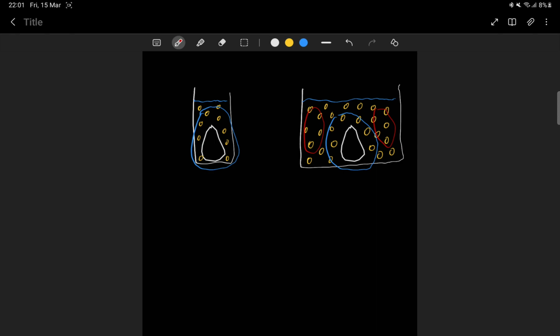But from the one that you showed me, it says that the concentration is half. So when the concentration is half, and then the volume doubled, even though in both cases they will have the same number of particles, the particles will be a lot more spread out.